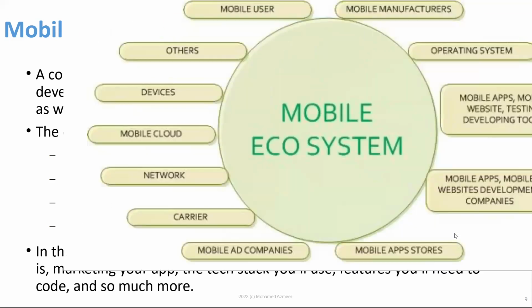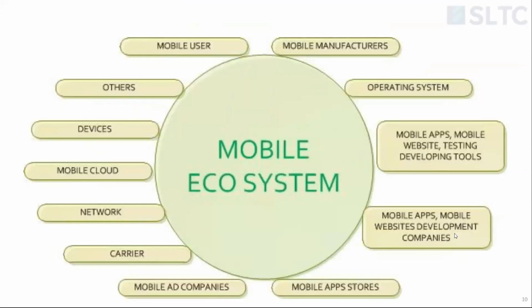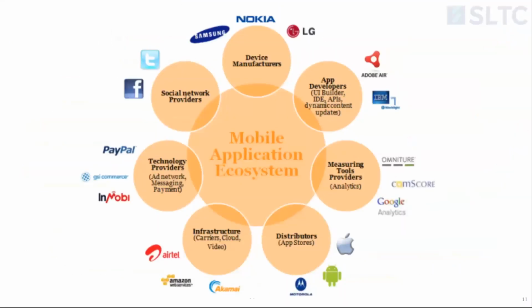So it's not just one person building an app. So we notice there are so many people, so many companies involved in this operation. So starting from the mobile phone manufacturers to operating system suppliers to even internet service providers, everything, right? Everybody is involved in this mobile ecosystem.